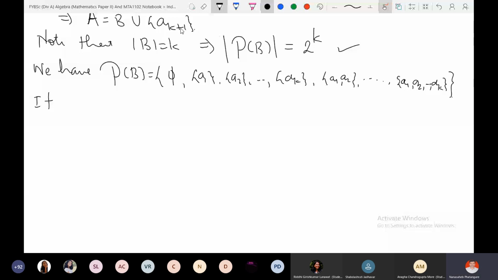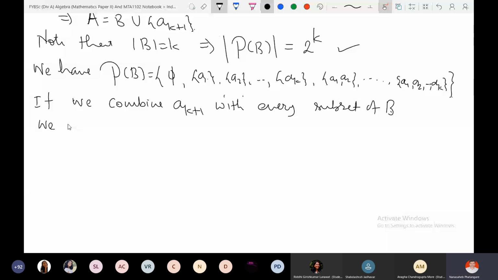So we combine AK plus 1 with every subset of B. That means combine AK plus 1 to this, AK plus 1 to this, AK plus 1 to this, right?